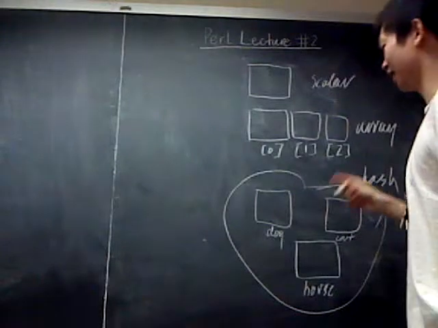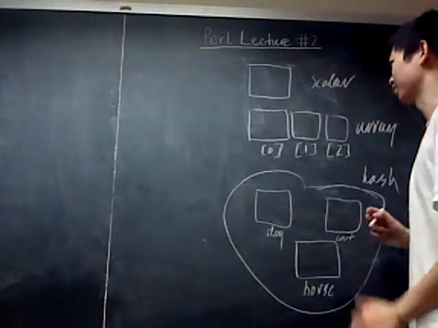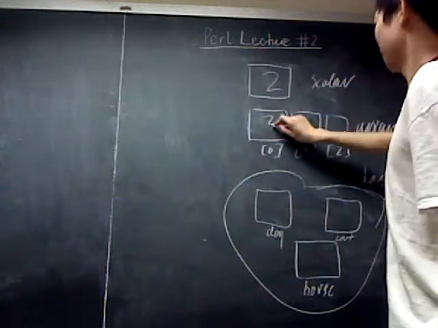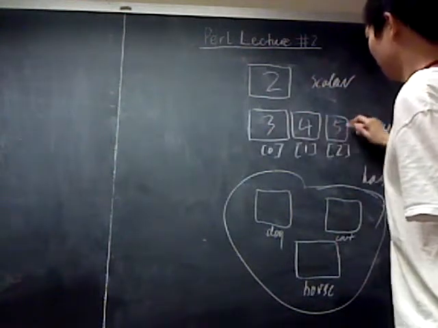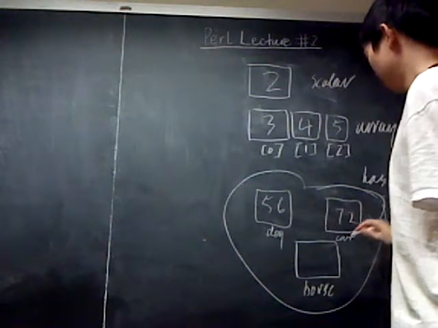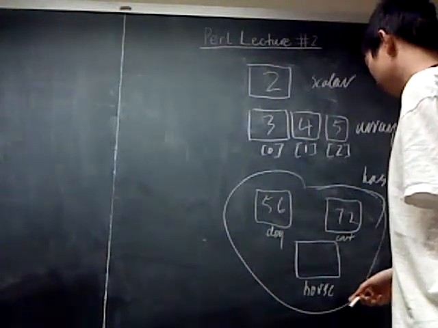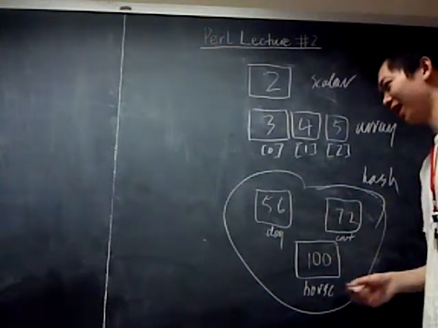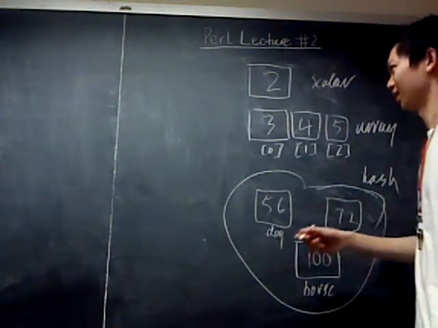And then let's put some values into these boxes. Let's say this was a 2, this was a 3, 4, 5, 56, 72, and 100. So now let's give some names to these things.